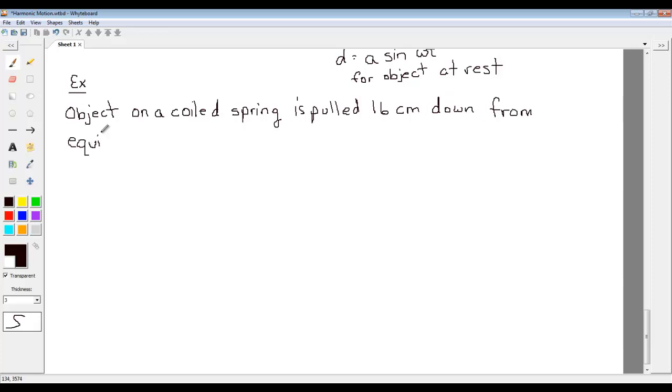In this case, the y-axis is the d, the distance, and the x-axis is t, or time. Equilibrium, and released. Then from there, one complete oscillation takes 6 seconds.